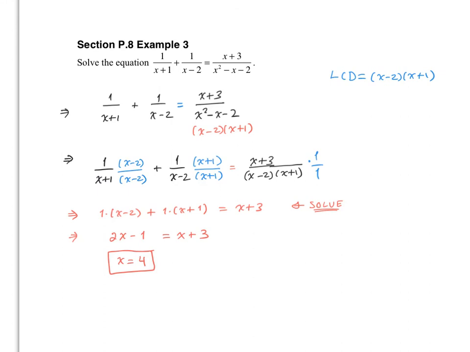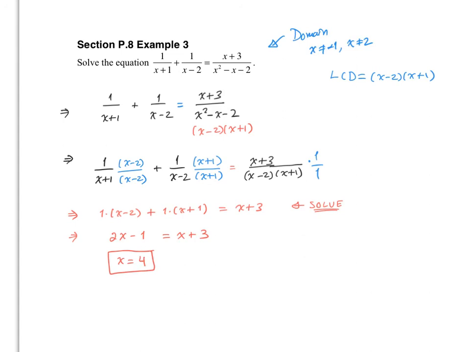Now, even though this question is not asking, the domain for this one is x cannot be negative 1, and x cannot be 2. That's the domain. If this one was 2 or negative 1, this problem will not have a solution. So therefore, this is fine.